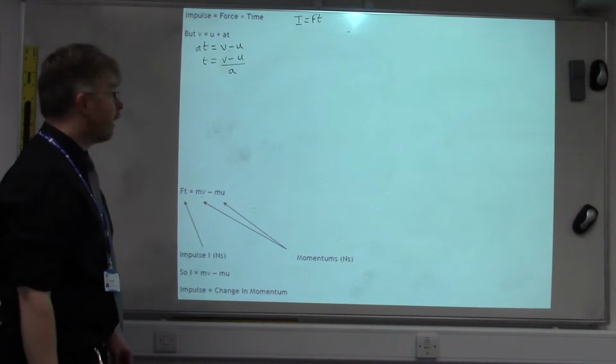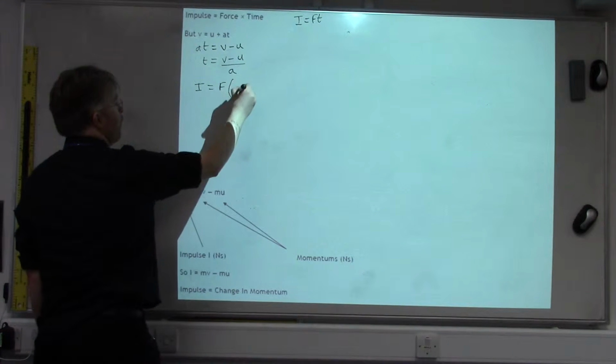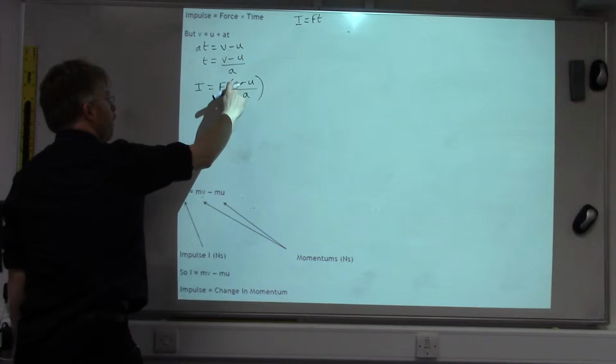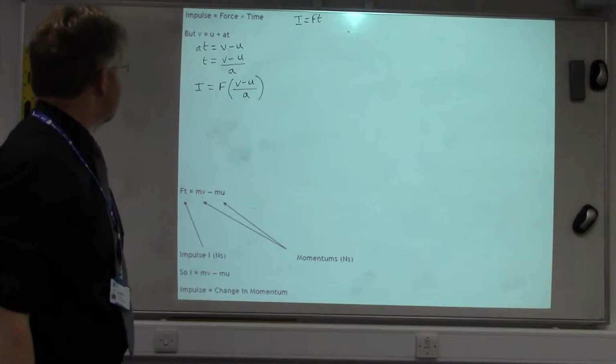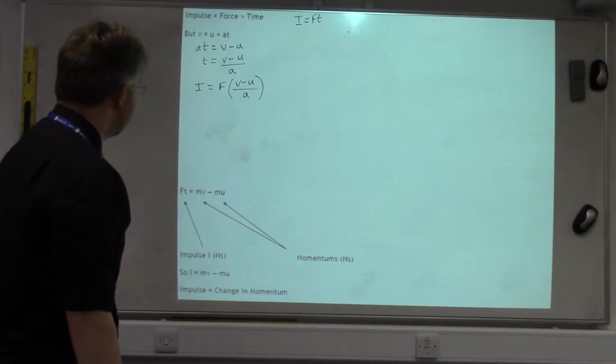And we can replace that in the impulse equation. So impulse is equal to force times time, replaced with (v minus u) all over a.